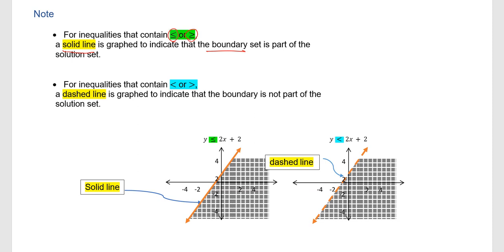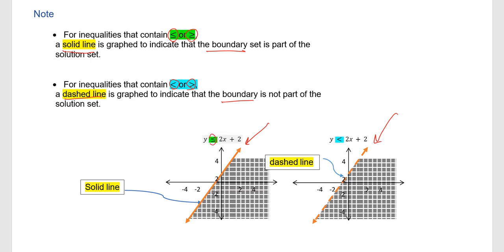If the inequalities do not have the equal component, if they're just less than or just greater than, then you would graph a dashed line to indicate the boundary, just like here and here.